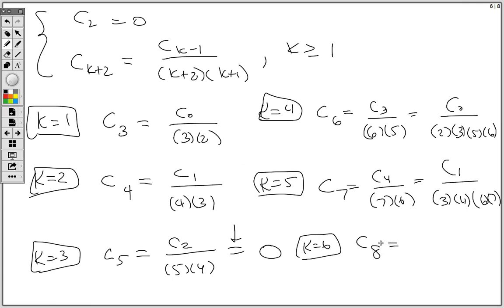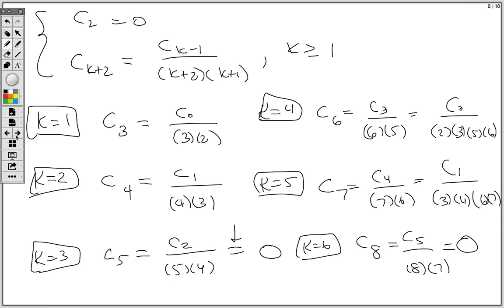I get c8 equals c5 over 8 times 7, but I know that c5 is 0, so that zeroes out. So what we start to see emerge here is that some of these coefficients are all multiples of c naught, and then some of them are all multiples of c1, which makes sense. It's a second order equation. We should get two unknown parameters there.